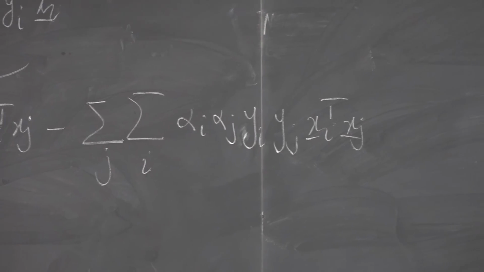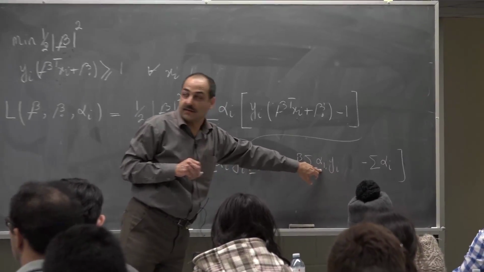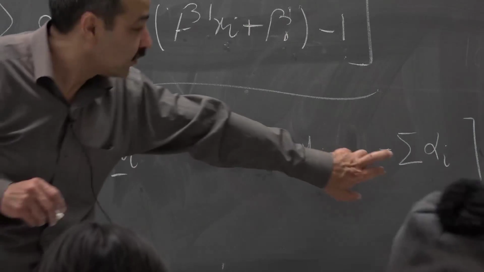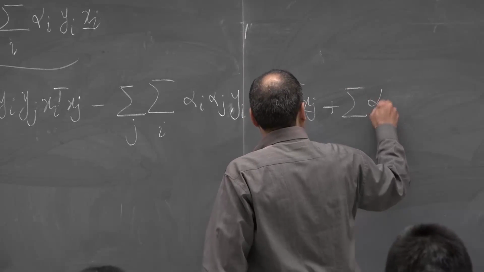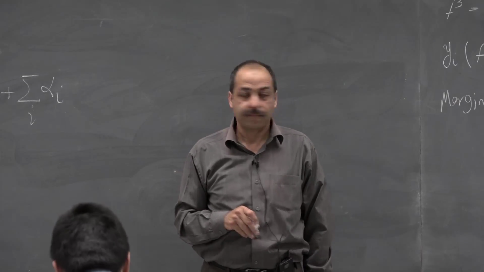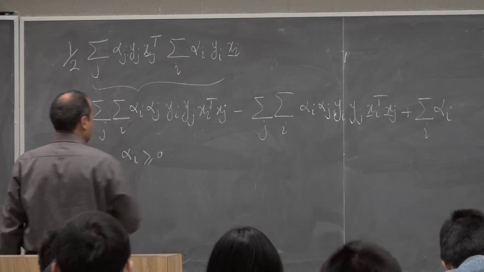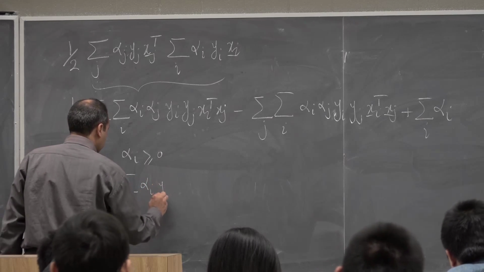Then I have beta null times the sum of alpha i yi, but that summation is 0. So the second term will be 0, right? And then I have this term, the negative of the summation of alpha i, and there's a negative sign also here, so plus the sum of alpha i. And alpha i is greater than or equal to 0, and the sum of alpha i yi is 0.